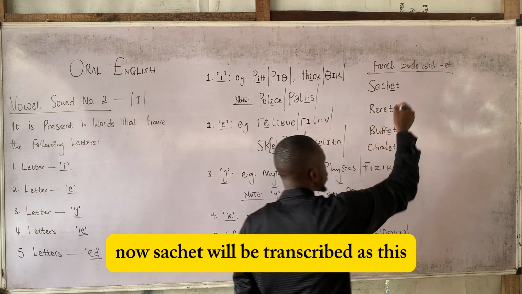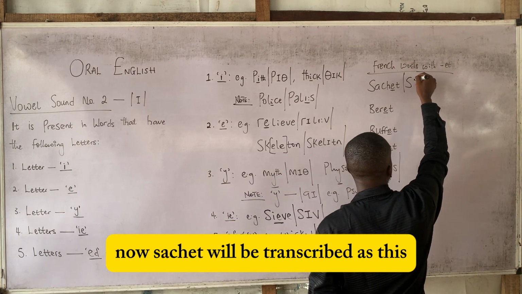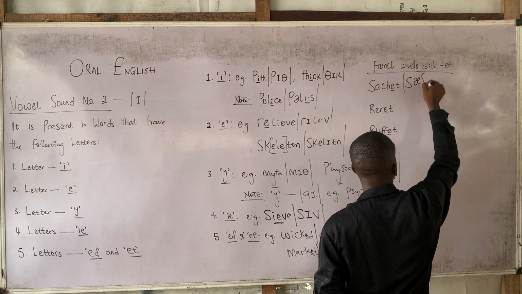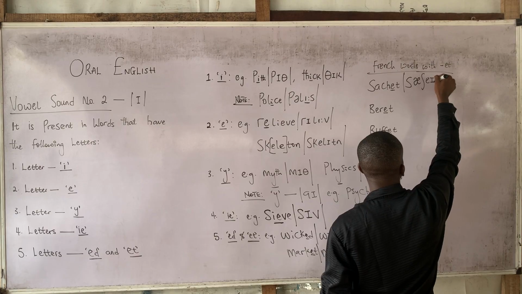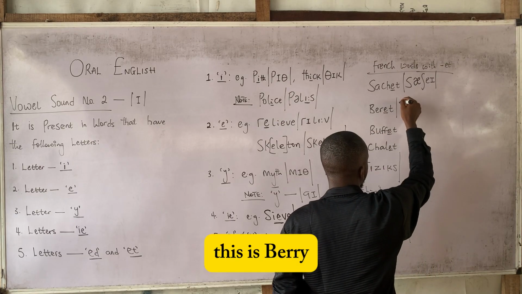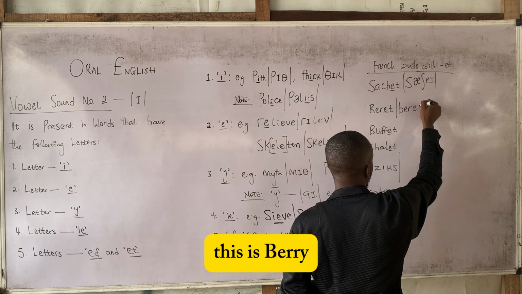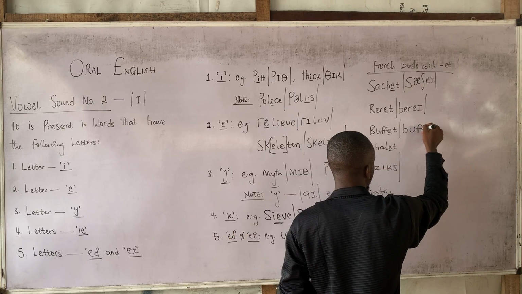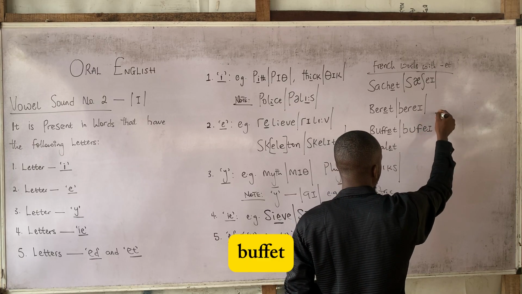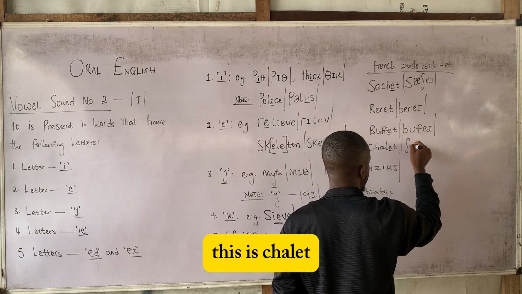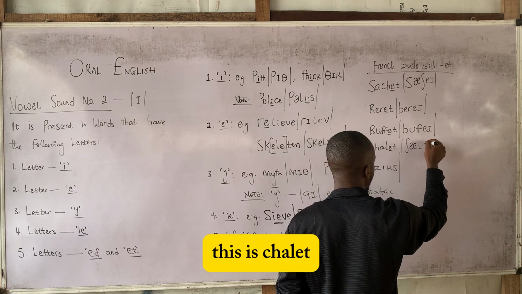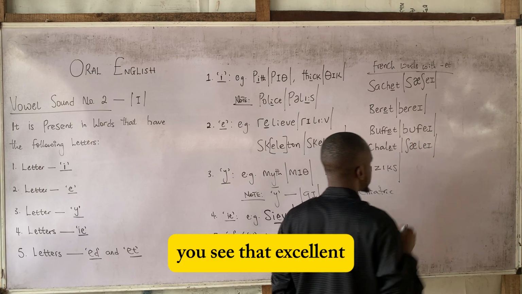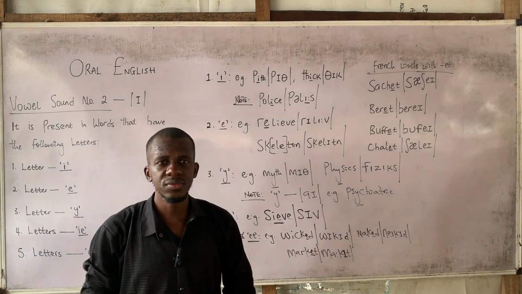Now, sachet will be transcribed as this. Sachet. This is beret. This is buffet. This is chalet. You see that? Excellent.